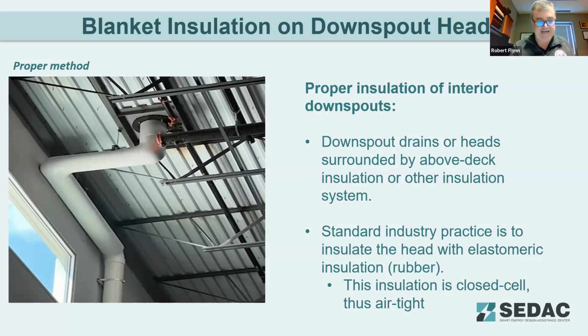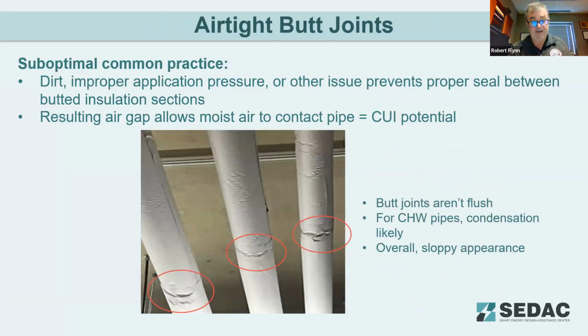In this case, it may have been value engineered out, and the insulation for those 90s was removed and not done, either by the owner, by the GC, or by the insulator themselves. But it should actually have the first 90 done going down. And then airtight butt joints.